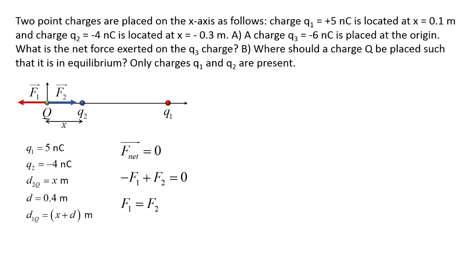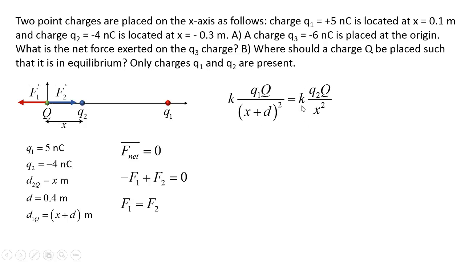Using Coulomb's law, we can write the expression for each force, and we have that the force applied by charge 1 to charge Q equals K, the product between the charge Q1 and the charge Q, divided by the distance between them squared.